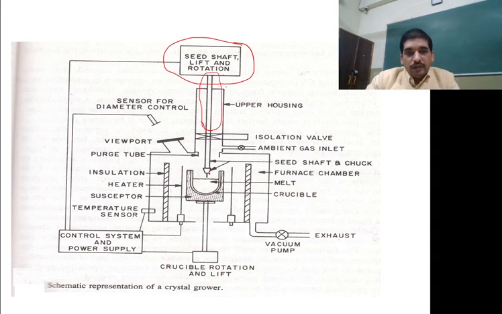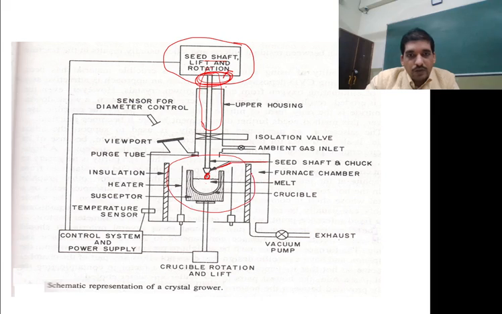Here at the end, see this one, this is your seed crystal, your seed material, and this seed material is connected with this seed shaft, lift, and rotating mechanism which rotates in one direction. Okay, and it goes into the furnace.